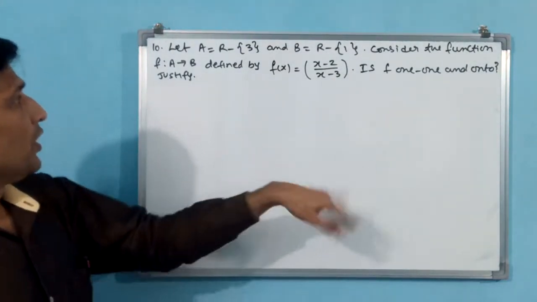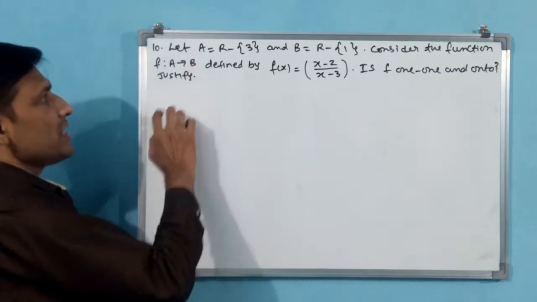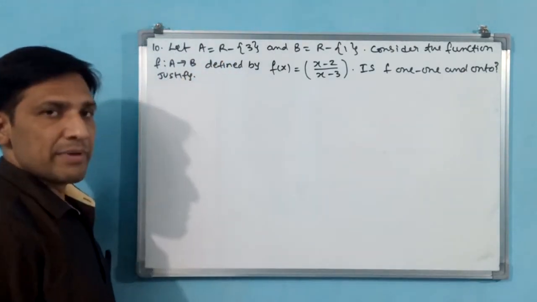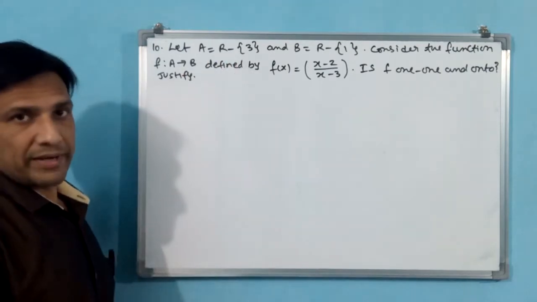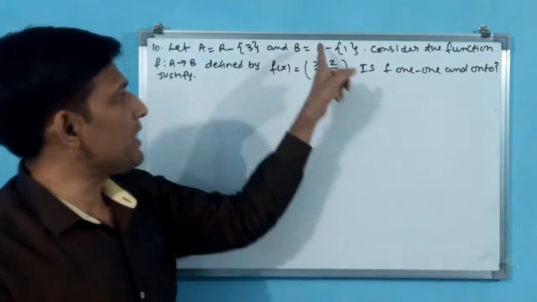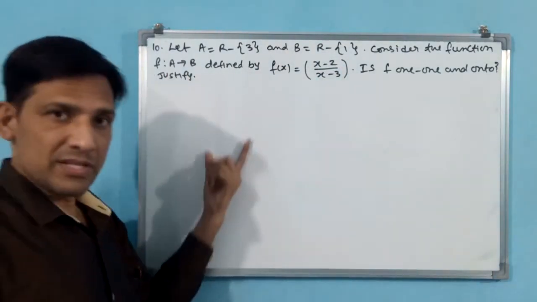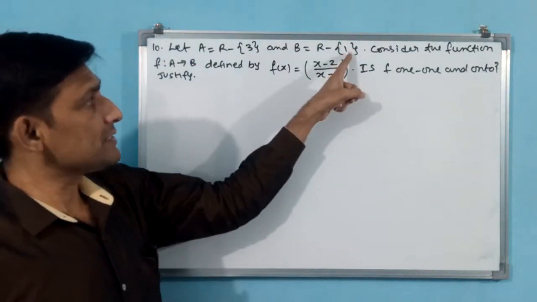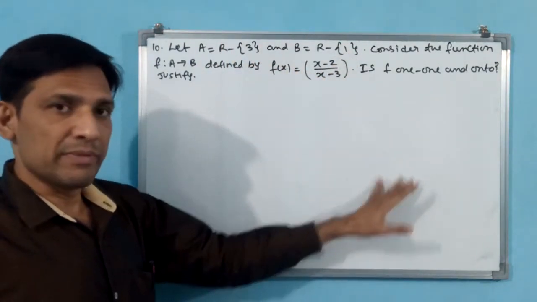Justify. Okay. If you observe here, A is a set having real numbers, R minus 3, but 3 is not there. And codomain B. See, from A to B means A is domain and B is codomain. Codomain doesn't have 1, but all other real numbers it is having.